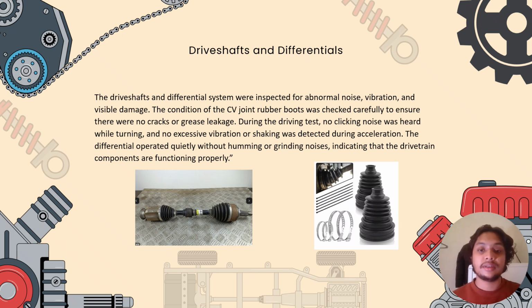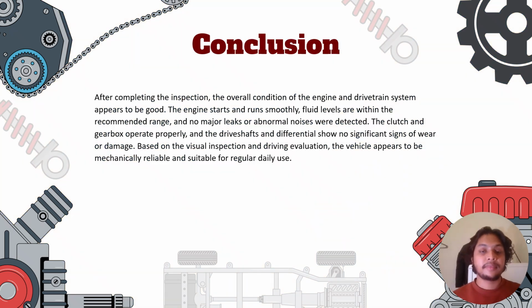The condition of the CV joint rubber boots was checked carefully to ensure there is no crack and no grease leakage. During the driving test, no clicking noise was heard while turning, and no excessive vibration or shaking was detected during acceleration. The differential operated quietly without humming or grinding noise, indicating that the drivetrain components are functioning properly.